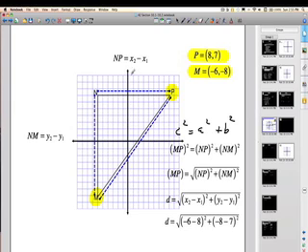And you can see that because this is a horizontal line, this distance can be found by the difference between the x-coordinates, and because this is a vertical line, its distance is the vertical change, or the difference between the y-coordinates, much like we did when we were working with slope. And then if I substitute these values in here in place of NP and NM, you see that I have gone from the Pythagorean theorem to the distance formula. So that's how that works.